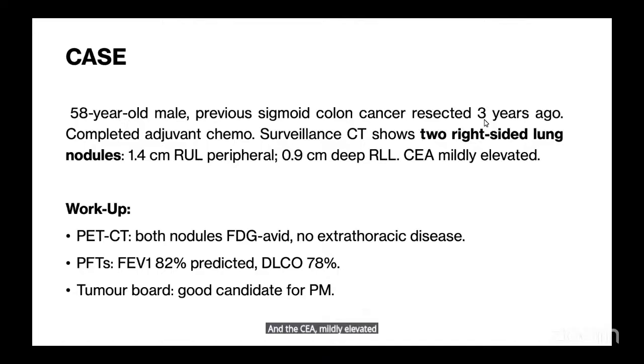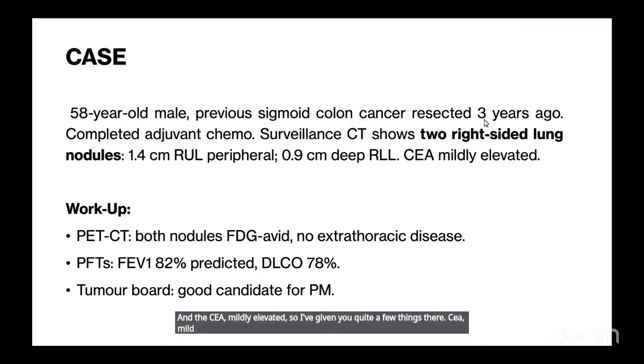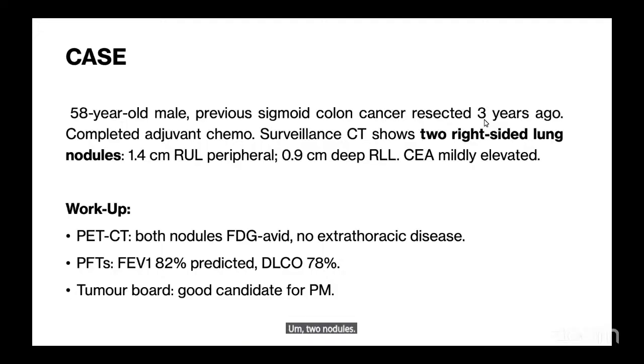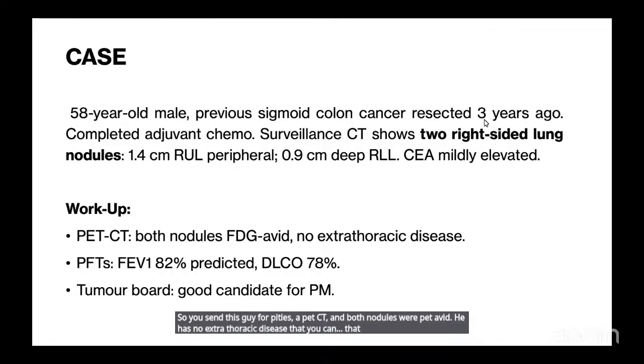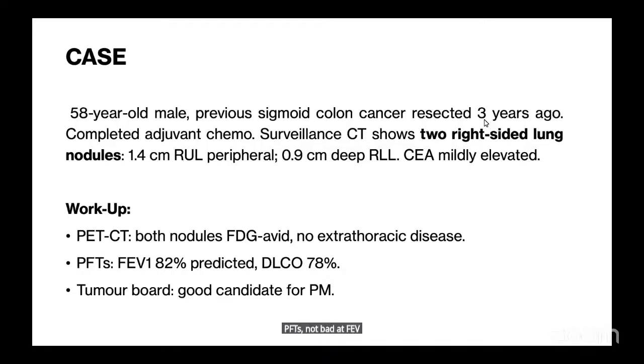So I've given you quite a few things there: CEA mildly elevated, two nodules, a disease-free interval of 36 months, and unilateral metastatic lesions, all on the right side. You send him for a PET CT, and both nodules were PET avid. He has no extrathoracic disease. PFTs are not bad: FEV1 82% of predicted, and DLCO of 78%.